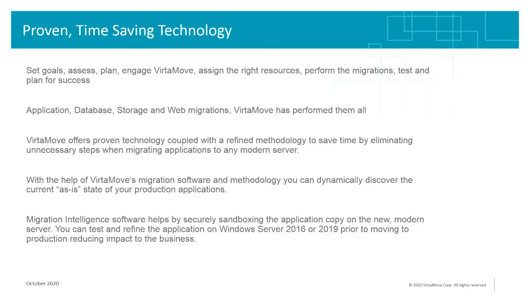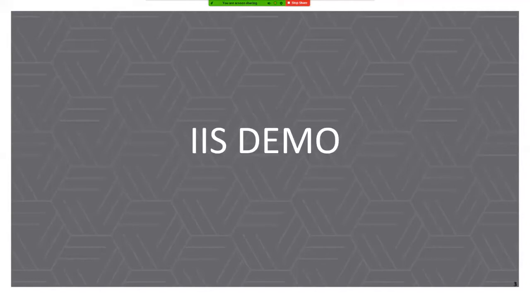So Scott's going to take us through a demo of our technology. For some, it might be a refresher; for some, it might be net new, but we're going to show you the steps we do in a migration. Bear in mind, this migration is going to be a small application. Scott's going to move from an old 2008 server to a 2016 or 19, I'm not sure which.